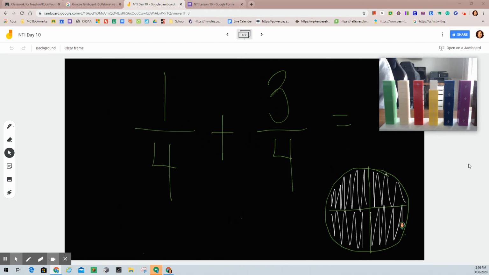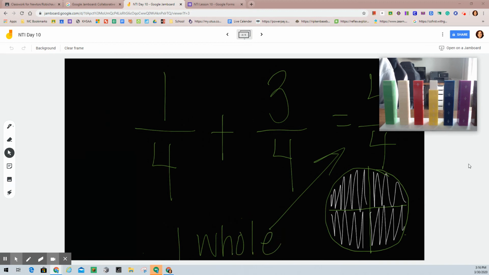And I'm looking at this, and I know that I have 1, 2, 3, 4 slices that are divided into 4 equal pieces. So that would get me 4/4. But we know that 4/4 is the same thing as 1 whole, because when the numerator and the denominator are the same, it equals 1 whole.